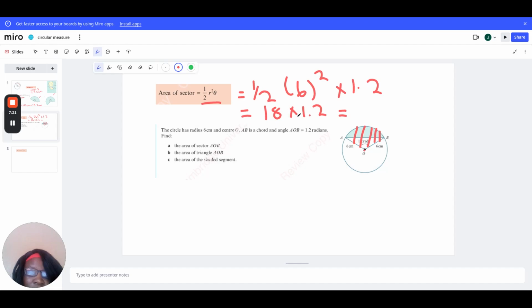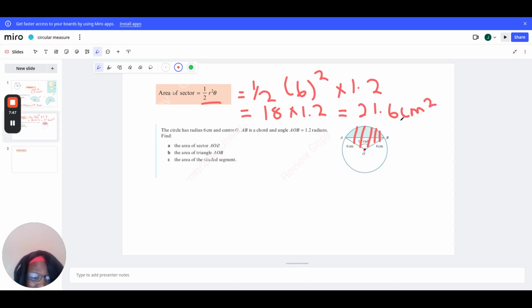18 by 10 is 180, and 18 by 2 is 36. 180 plus 36 is what? 216, so it's 21.6 centimeters squared. Okay, I don't have a calculator yet. I hope it's correct.